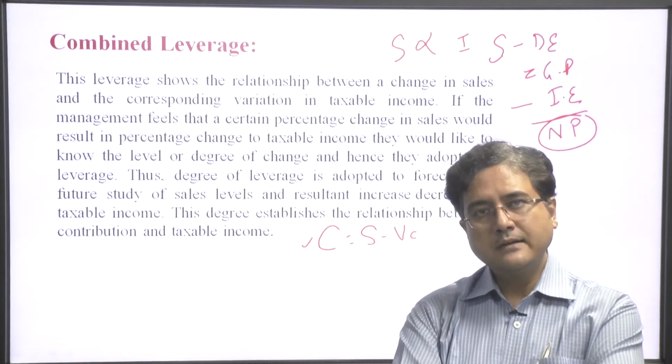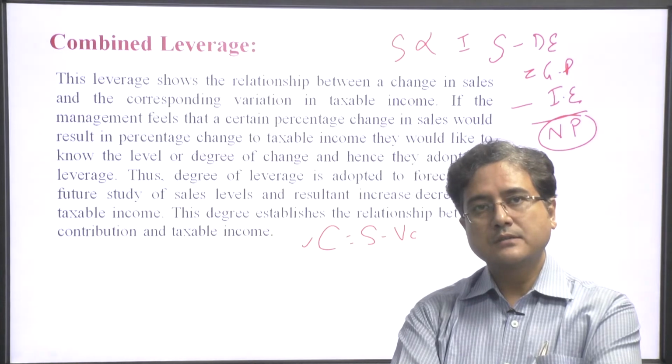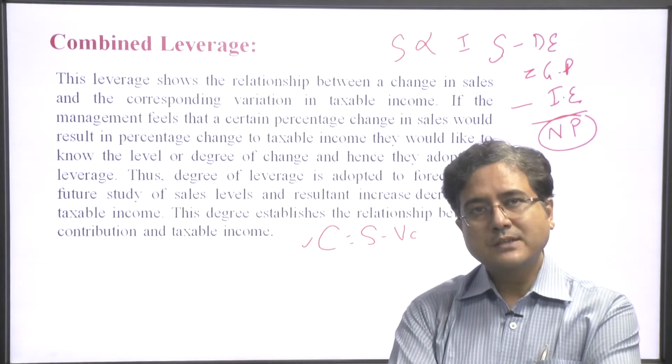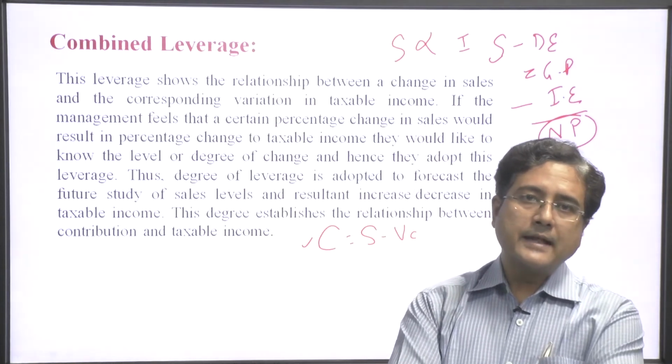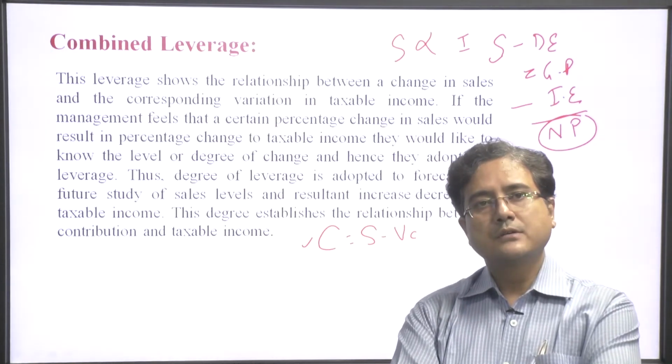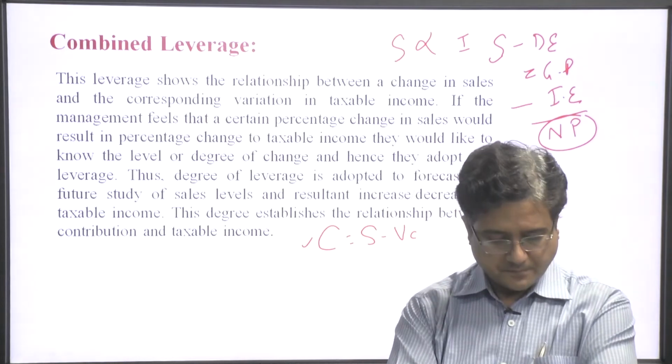But on the other hand, variable cost increases. When variable cost increases and sales remain the same, it impacts the contribution, and the impact on the contribution gives a direct effect on taxable income.